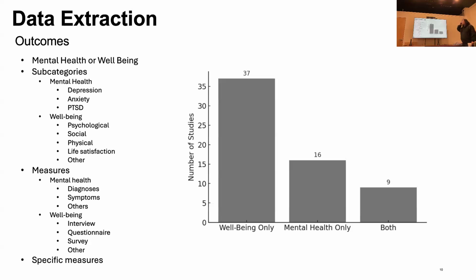As for the outcomes, we first determine whether the paper addresses mental health or well-being, then focus on subcategories like depression, anxiety, PTSD, and psychological well-being, and finally we summarize the measures of each subcategory. We found that 37 papers discuss only well-being, 16 papers only discuss mental health, and 9 papers discuss both.